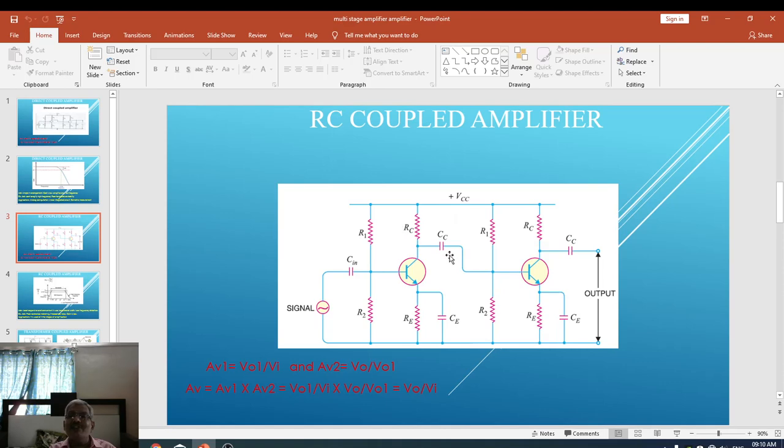This is the reason why it is called an RC coupled amplifier. This coupling capacitor will affect the frequency response of this RC coupled amplifier. This component is not present in the DC coupled amplifier.